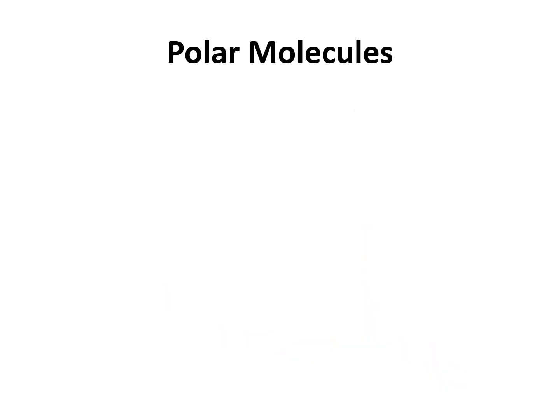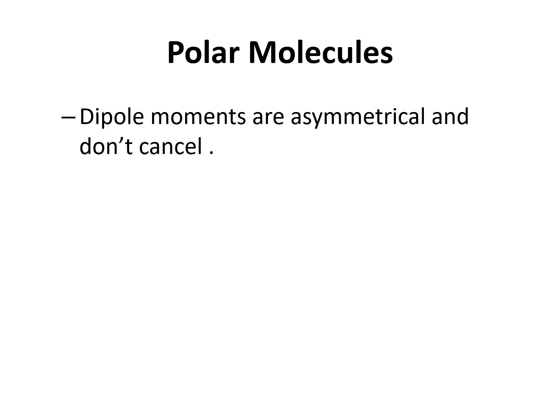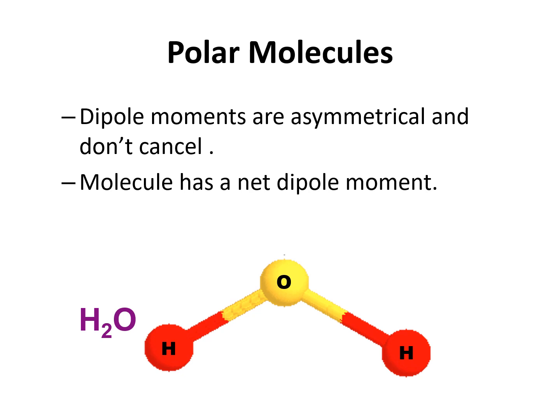So for polar molecules, the dipole moments are asymmetrical and don't cancel out. So remember, asymmetrical means not symmetrical. So if we look at the water molecule, it would indeed have a dipole moment. So between hydrogen and oxygen, we would draw our dipoles pointing toward the oxygen because oxygen is more electronegative than hydrogen.